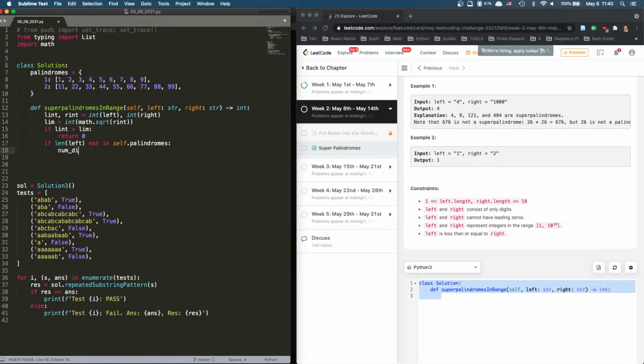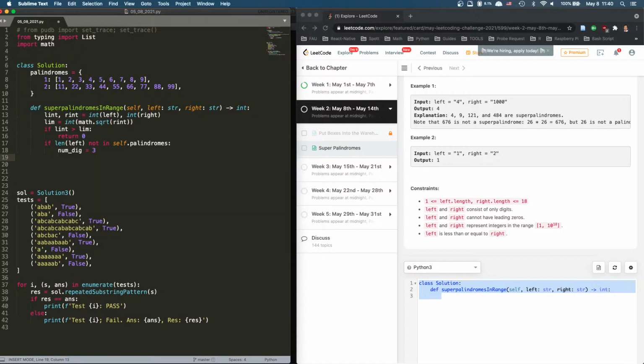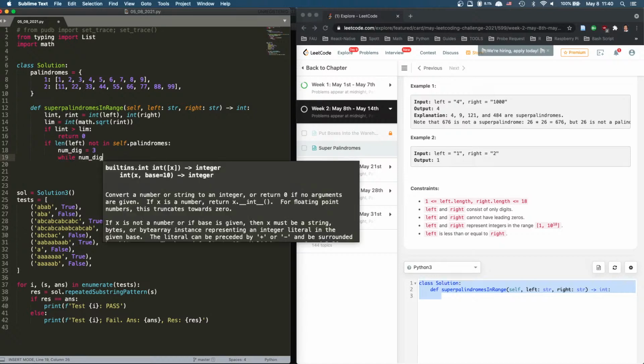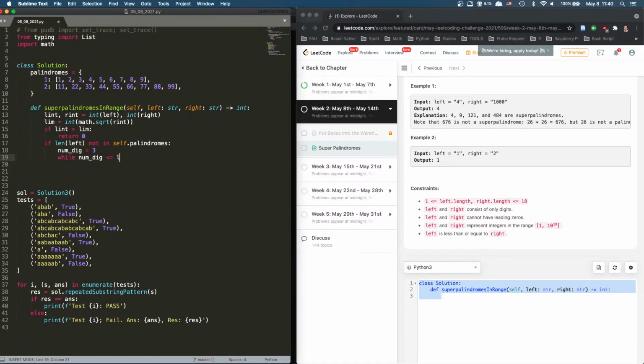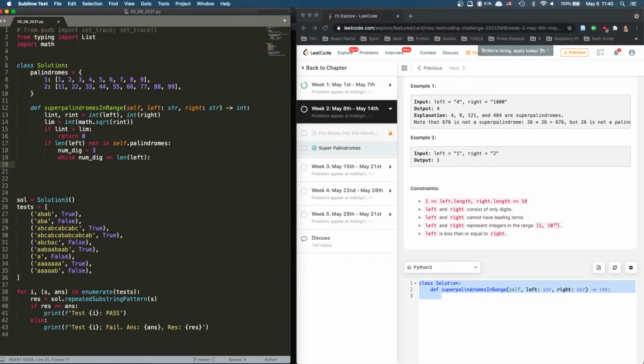We're going to start with 3, and then we say while num of digit is smaller or equal to len left, because if it hit the len left we do it one more time, and then when we're larger we don't do it anymore, right? Hold on.